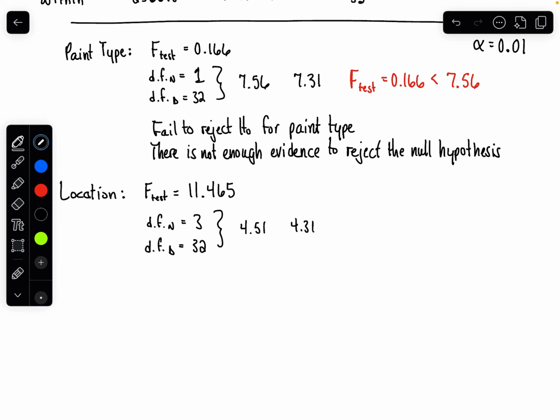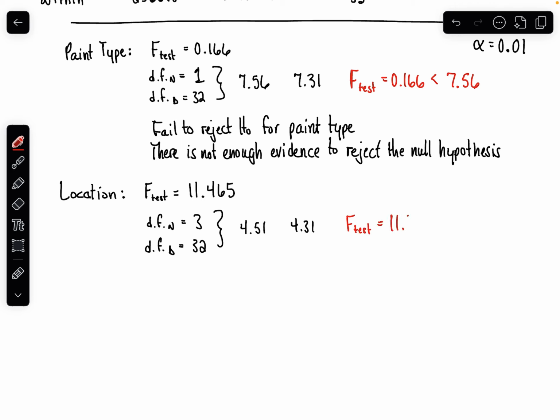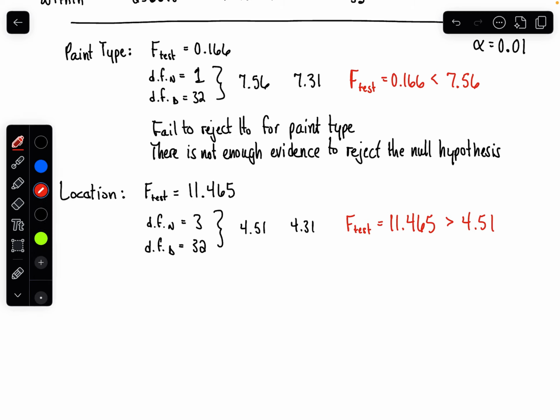However, considering our test statistic, our test statistic is noticeably larger than either of these. So even though we don't get the exact critical value in there, we know that the critical value is close to 4.51, and we are definitely exceeding it.